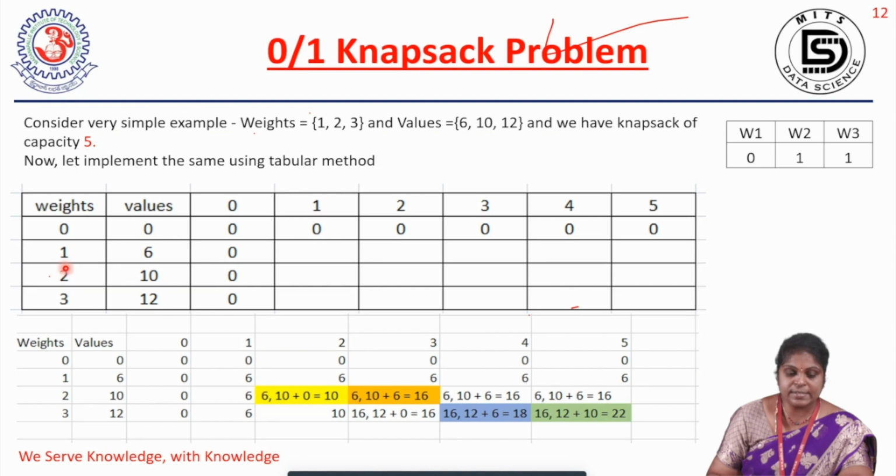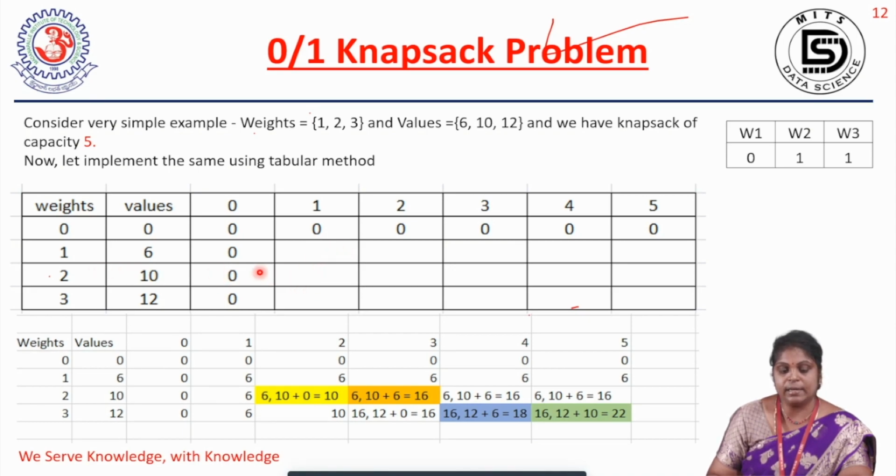Item 2 size is 2 kg. I cannot keep 2 kg weight inside a 1 kg bag, but I can keep the first item, which is 1 kg. So if you see the 2 comma 1 entry, it is filled with 6. Why? Because I am keeping item 1 inside the bag, so I have earned the profit of 6.